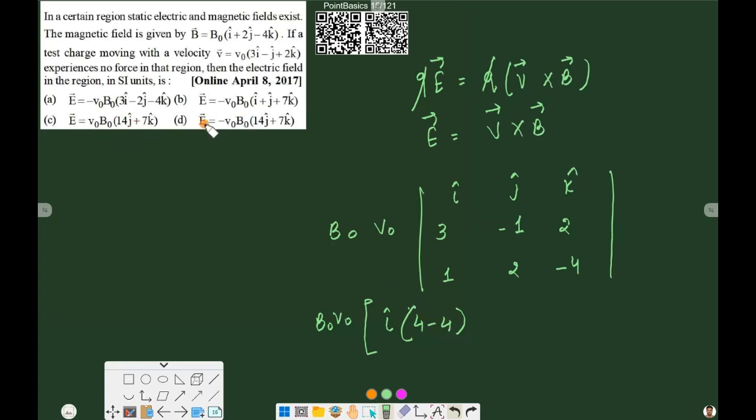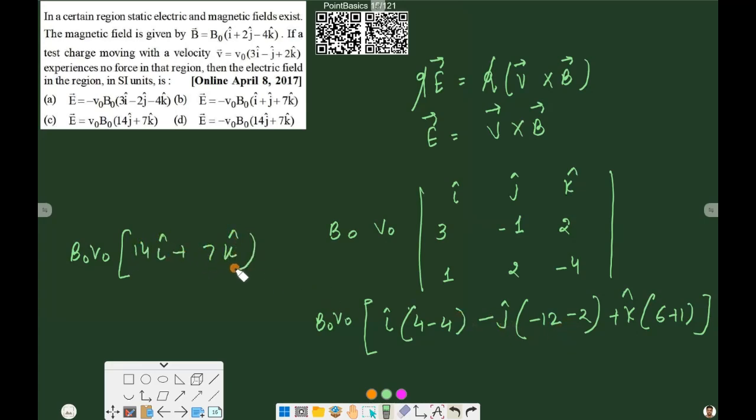Then minus of j means minus 12 minus 2, plus of k, and we will have 6 plus 1. So it will become B naught v naught times 14j plus 7k, and from the available options, option C is the right answer.